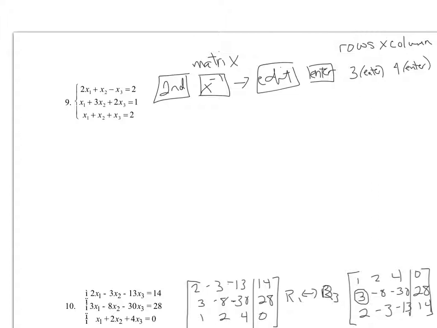Because we have 3 rows, 4 columns, counting that answer column. Now, once you do that, then you will simply type your elements one row at a time.